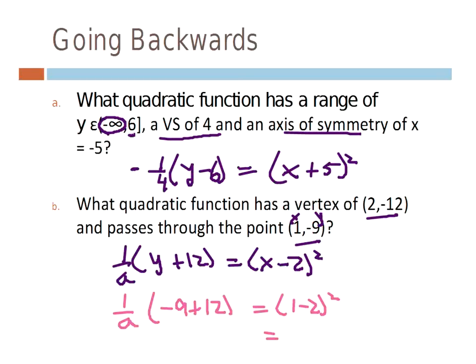And so -1 minus 2 is -1, squared is 1, and -9 plus 12 is 3.